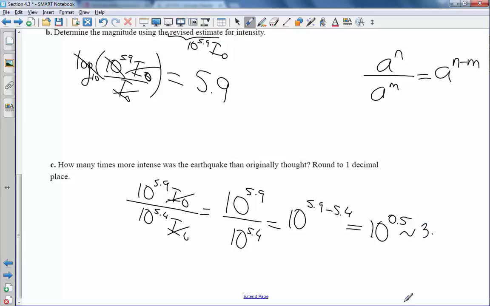But it says round to 1 decimal, 3.16 rounds to 3.2. Okay? Any questions?